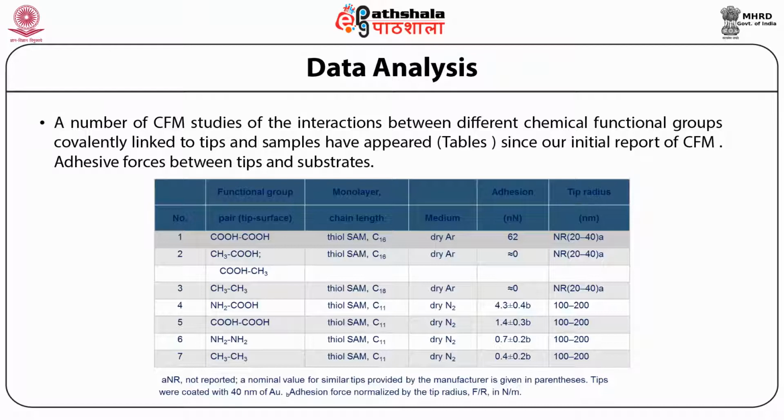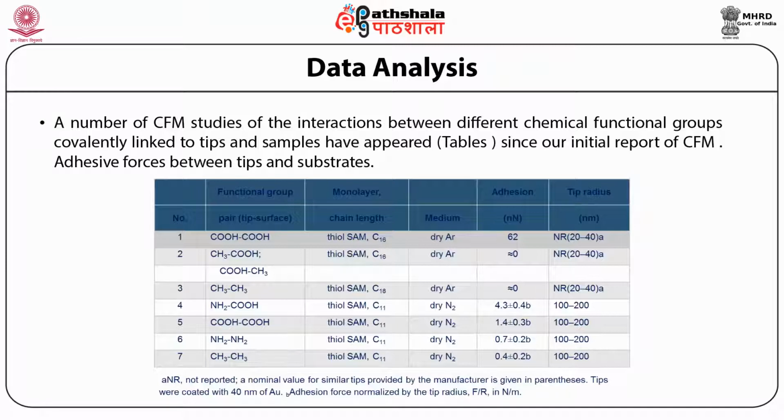Here the functional groups paired at the tip and surface have been given, and in the second column we have the monolayer and the chain length. The third column talks about the medium in which the study has been made. Then adhesion has been written here, and finally the tip radius in nanometers has been given.